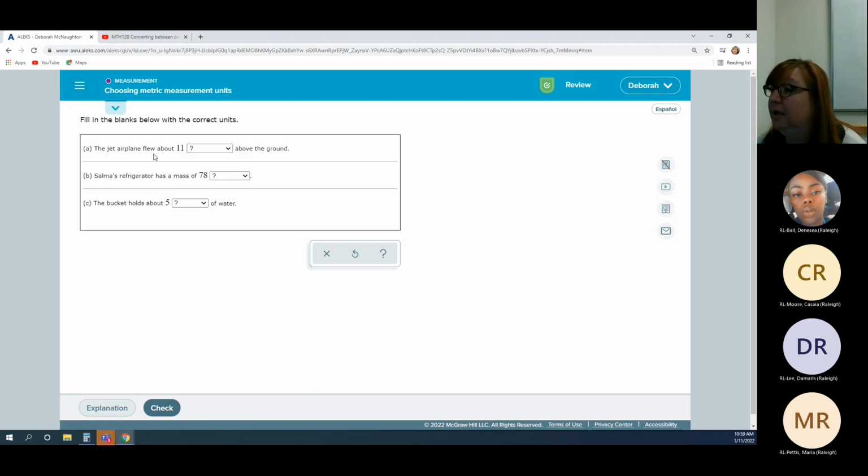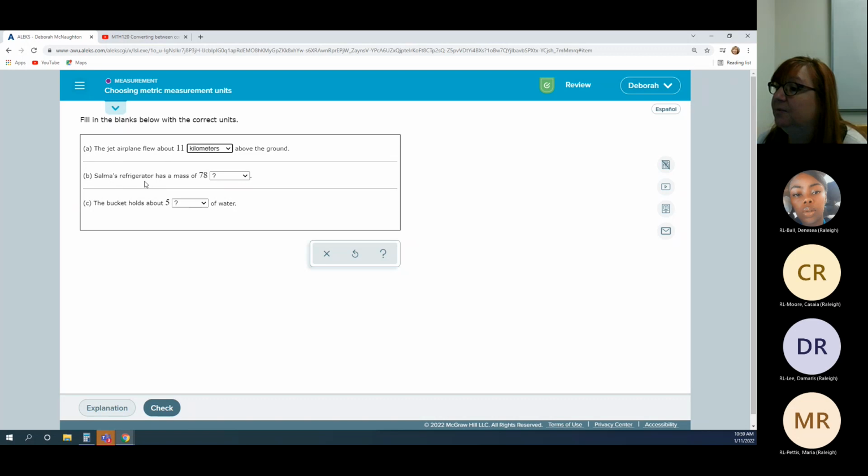So a jet airplane flew about, basically a plane flies miles above the ground. If I put in meters, this would not even be the length of a football field. So this is going to be kilometers above the ground, because planes fly miles above the ground.